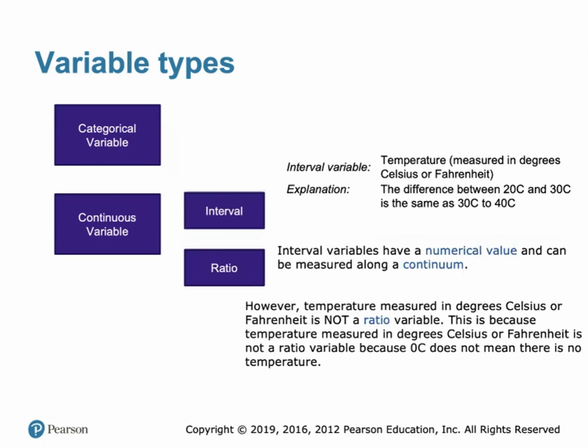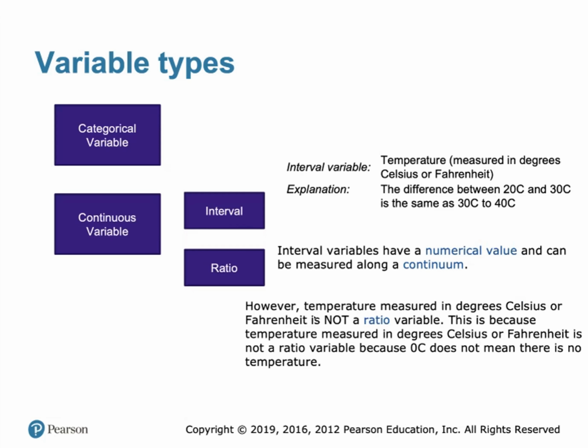So continuous variables can be classified into interval and ratio. So first, interval. Interval variables have numerical values and can be measured along a continuum. So the difference between categorical and continuous variables is the continuum. It's not an order, not a ranking, it's a continuum, right? So the example is temperature, measured in degrees Celsius or Fahrenheit.